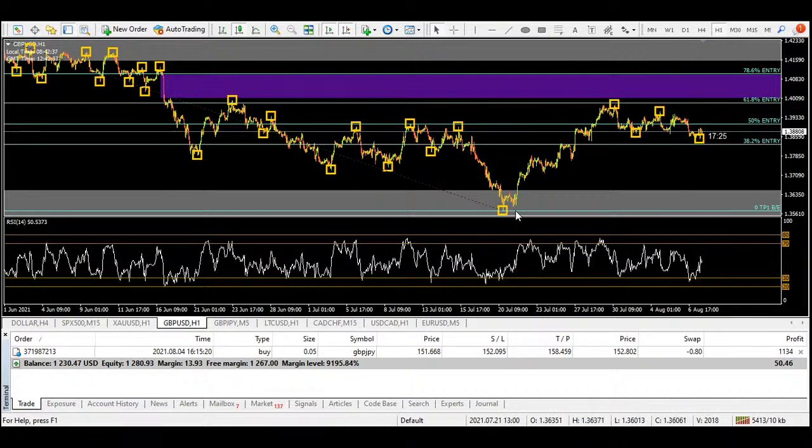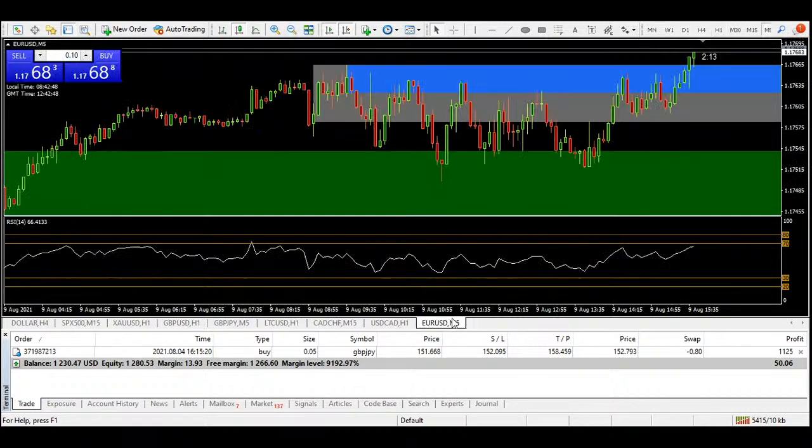It'll last touch this demand zone here. Euro USD kind of got this tension here. Probably gonna miss out on this move, but it's all good.